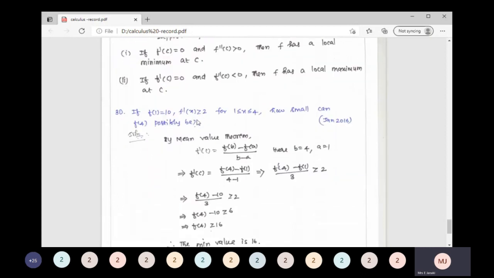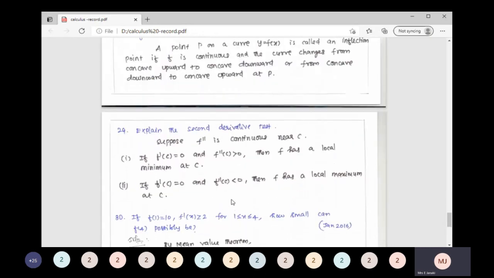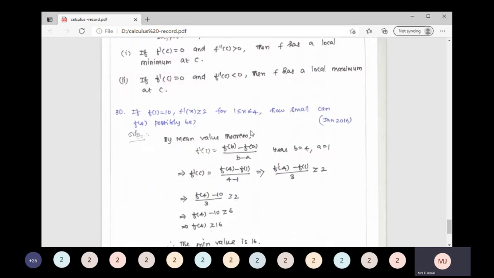Next, see this. If f of 1 is equal to 10 and f dash of x is greater than or equal to 2, with x defined only in 1 to 4, how small can f of 4 possibly be? Now we'll apply the mean value theorem.